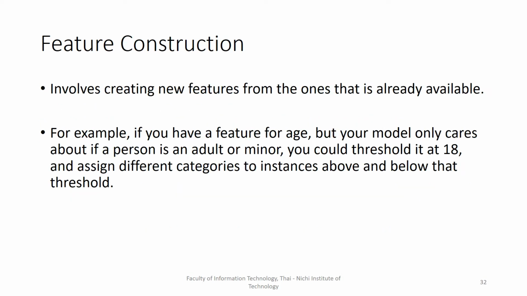Feature construction. These features are not present with the data initially, but we create them from the existing data. It involves creating new features from the ones which are already available. For example, if we have a feature for age, but our model only cares whether a person is an adult or a minor, we can have a threshold of 18, like in certain countries it is 18, or in certain countries it is 21, or whatever it is.